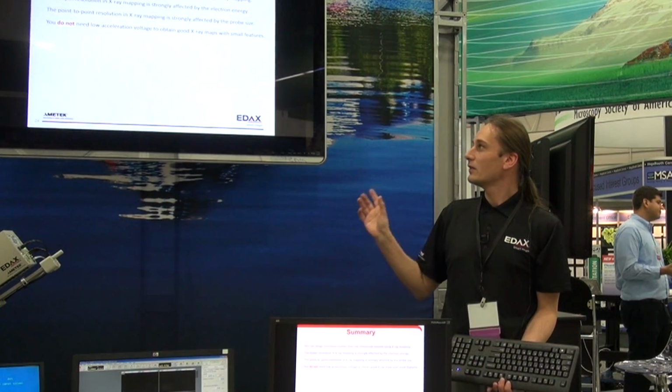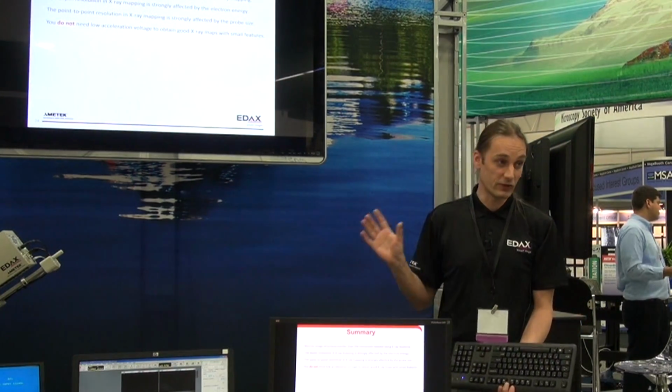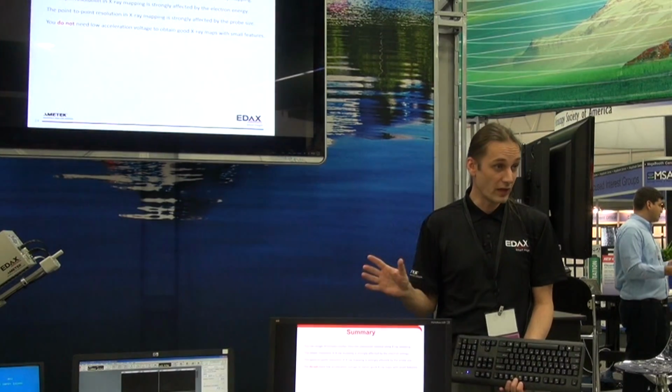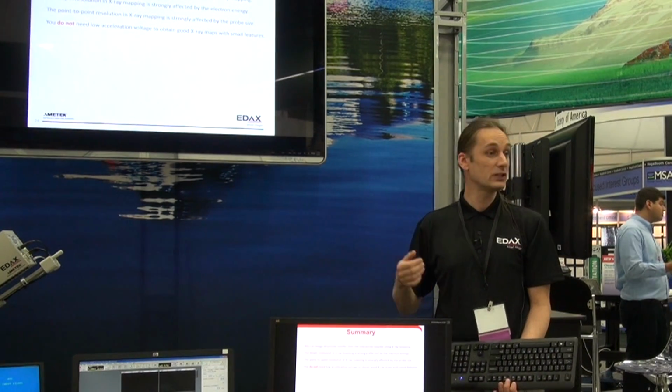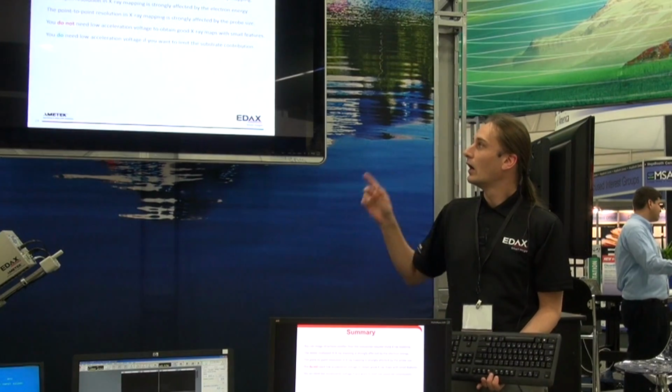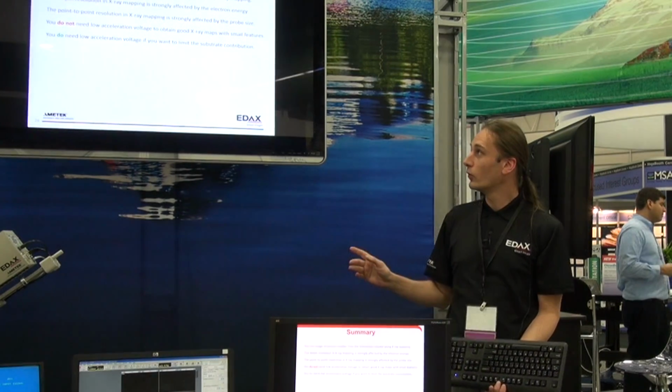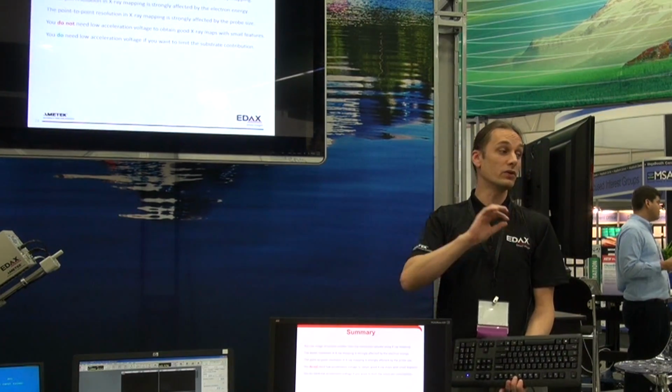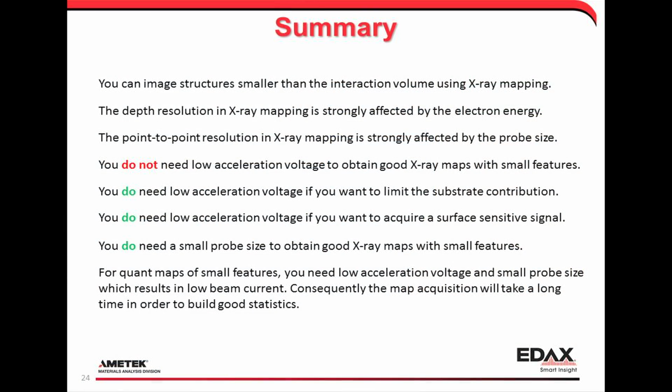You do not need low acceleration voltage to image the small features. I could do that at 10 kV, 15 kV, 20 kV as well. I do need low acceleration voltage if I want to look at only the surface. If I want to get rid of that bleeding through of the silicon substrate, that's where the acceleration voltage comes into play. Surface sensitivity, low acceleration voltage.